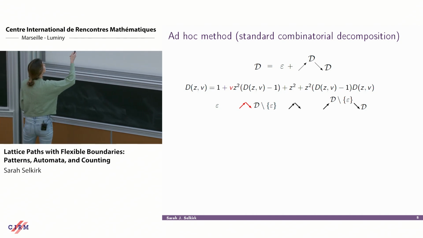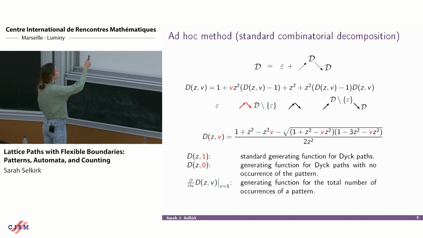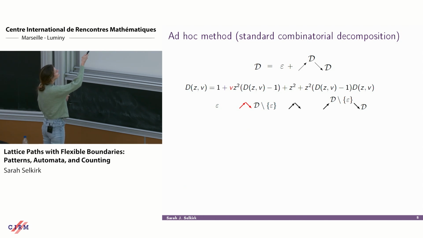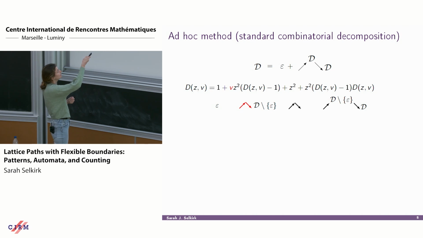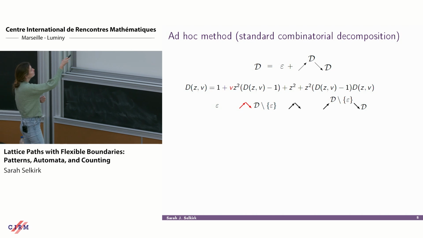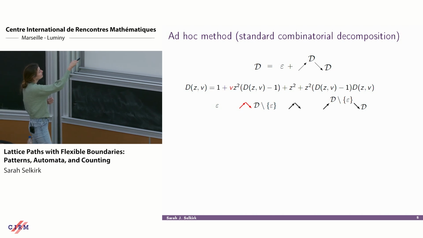So if we look at the walks, we can have empty, or else we can have, and to create our pattern up, down, up, we can have this Dyck path here is empty. So we have up, down, and then we have to start with an up. So this one cannot be empty, which gives us our first term. Both of them being empty gives us our second term, and then this one not being empty gives us our third term. And then ultimately from this, using V to mark that the pattern has occurred, we can get a functional equation for these generating functions.